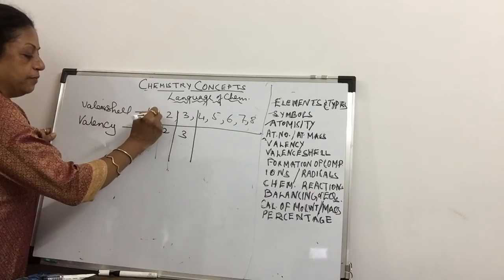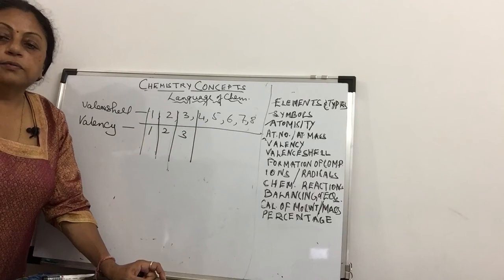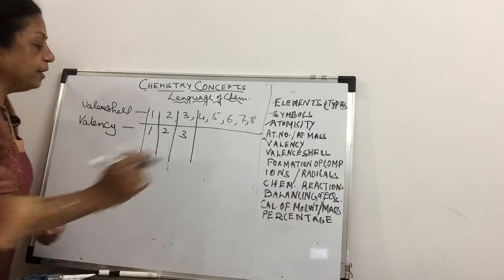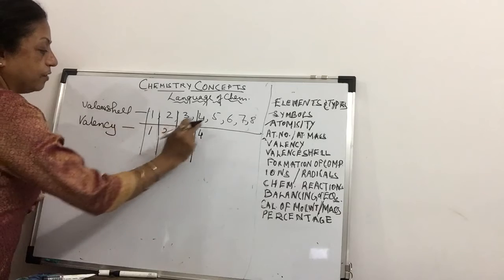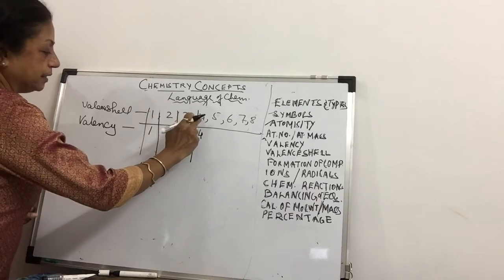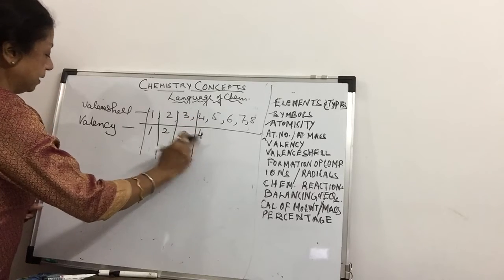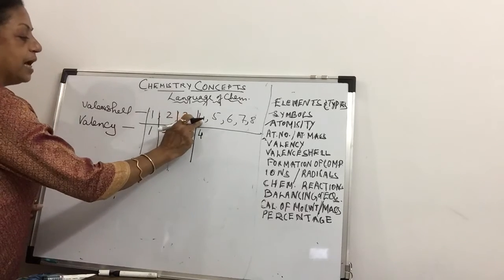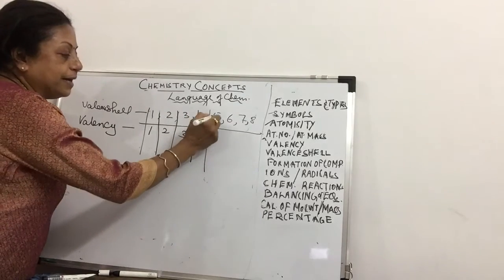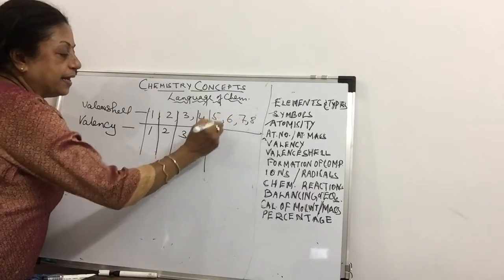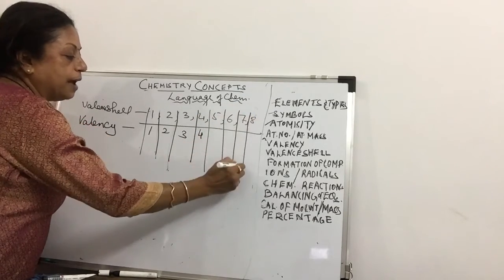For carbon or silicon, they will have 4 electrons in the last shell, so the valency will be 4. But when it comes to 5, 6, 7, 8, you have to give it some thought.